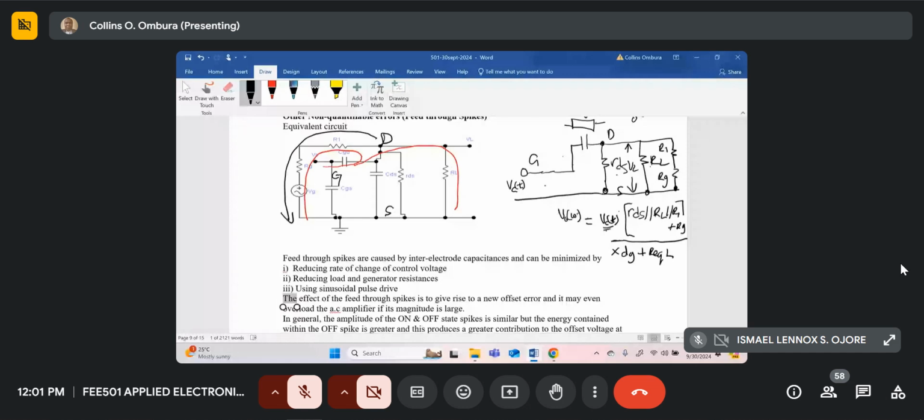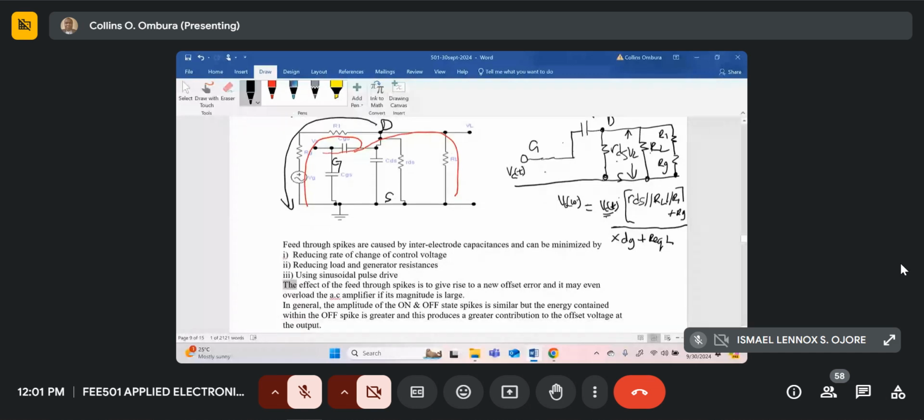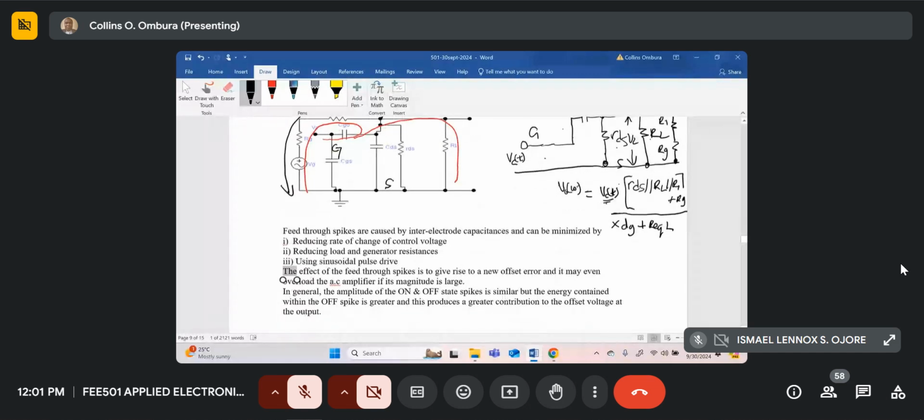And hence I've concluded there that the effect of feed-through spikes is to give rise to a new offset error, and it may even overload the AC amplifier if its magnitude is large.